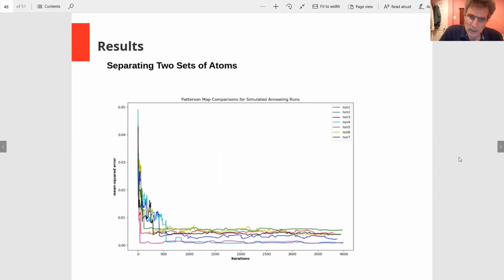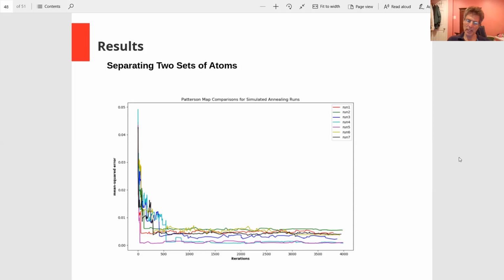Okay. So I mentioned that I had an algorithm to separate the combined density maps from 20 atoms now into 2 different sets.